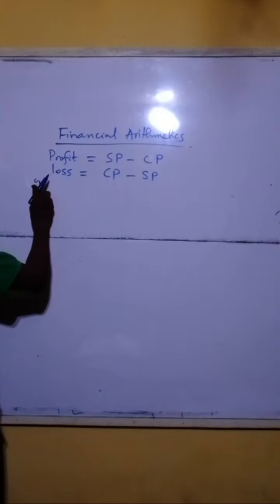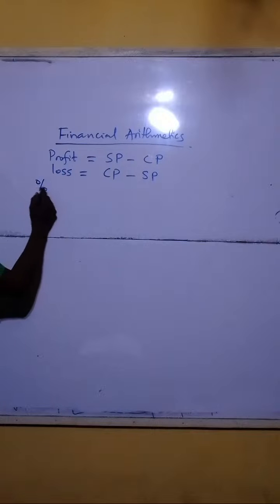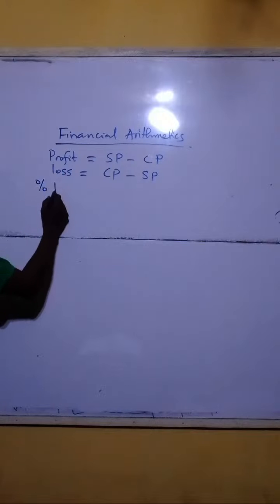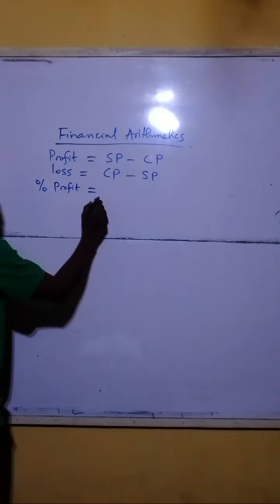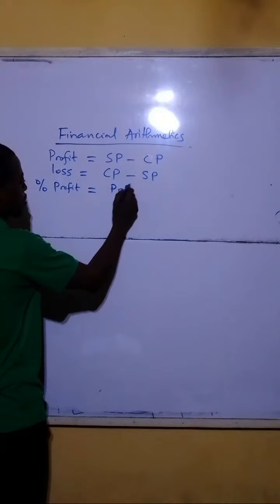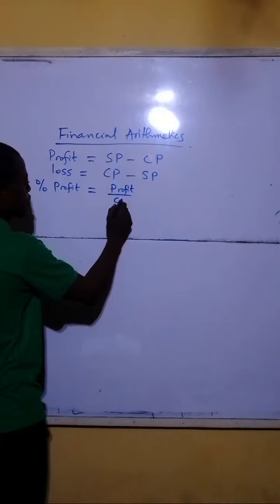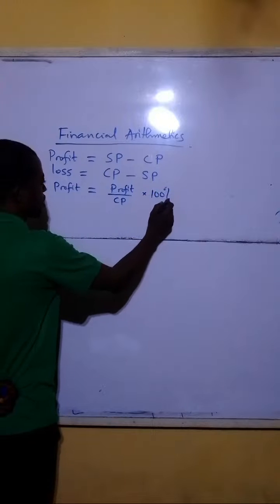Let's write it as percentage profit. Percentage profit is the same thing as the profit over the cost price times 100%.